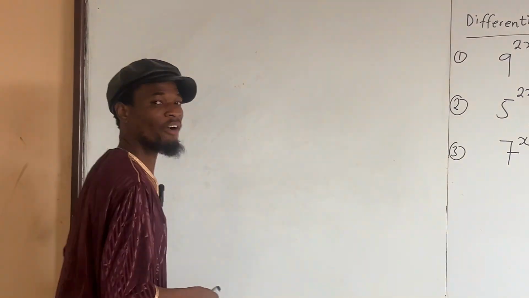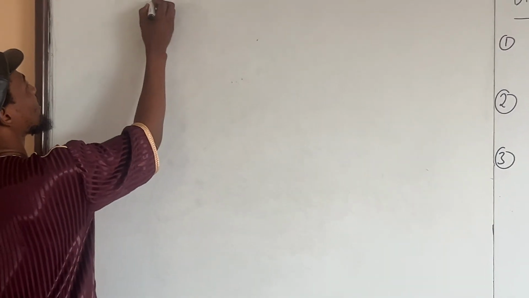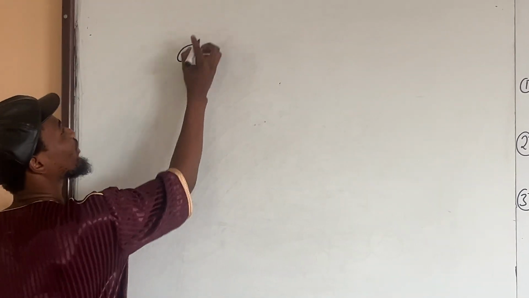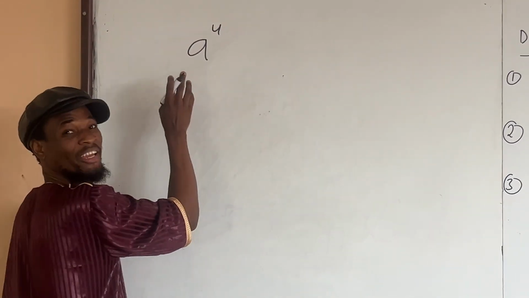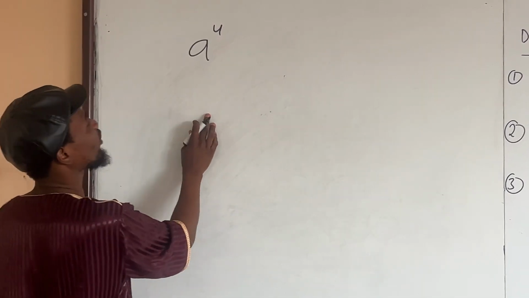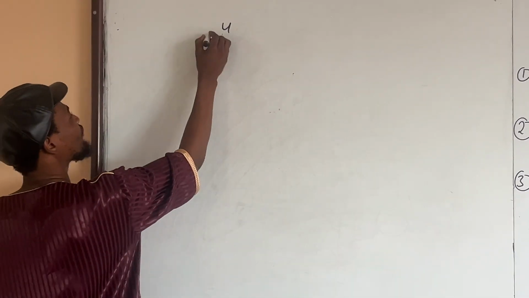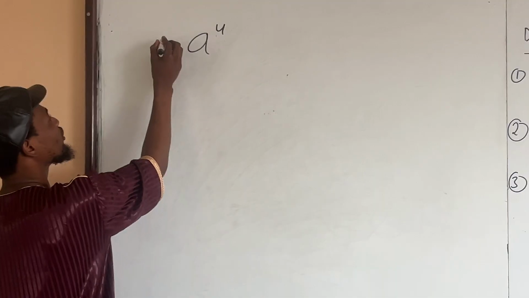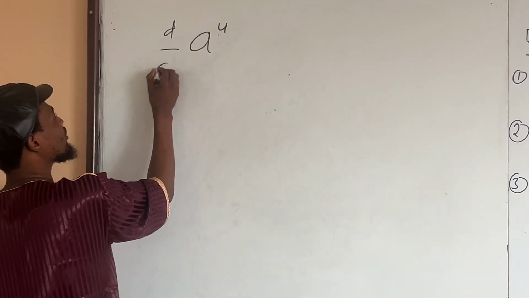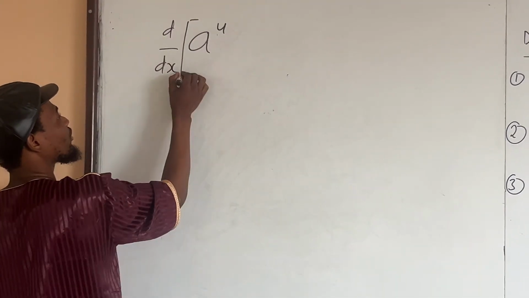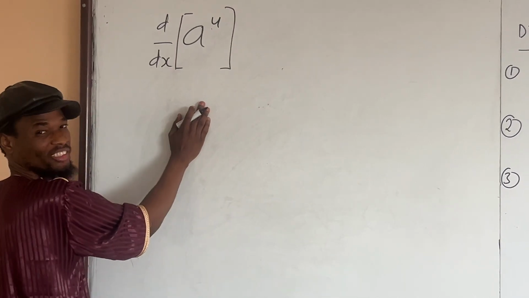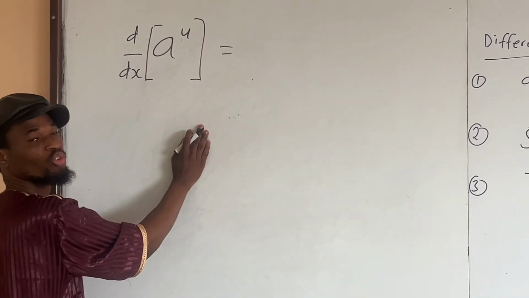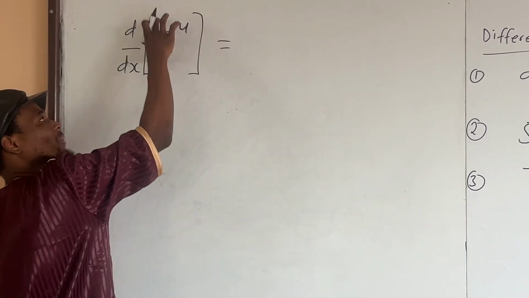If you have a raised to an exponent of u and you want to differentiate this, we have d over dx of the whole function, which is equal to, you copy and paste, you rewrite this.